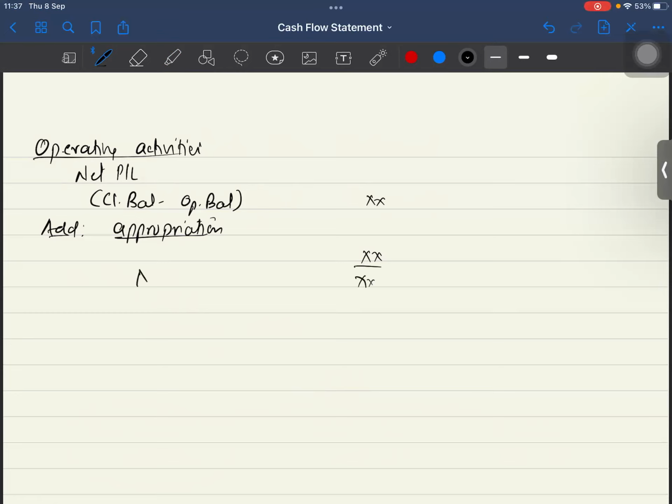This will be net profit after tax, because you have done some provisions. So while doing the provisions, you subtracted. Now you'll have to add back the provision for tax. And then afterwards comes all the non-cash, non-operating expenses.